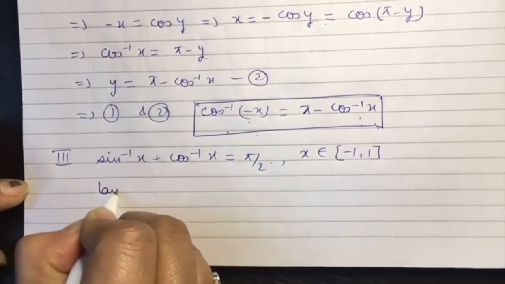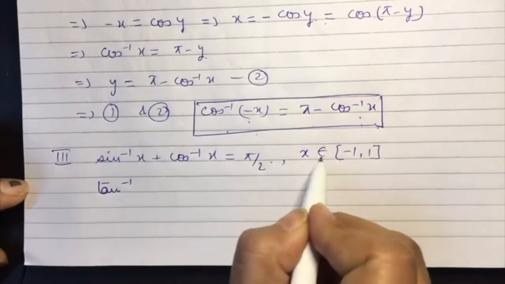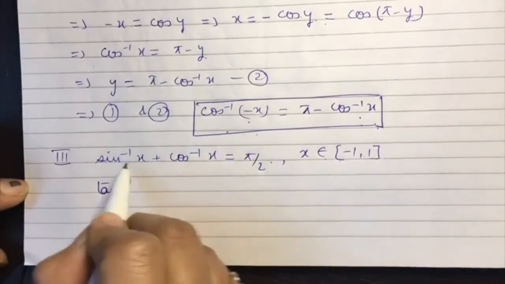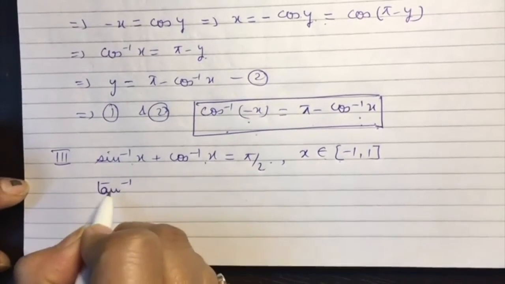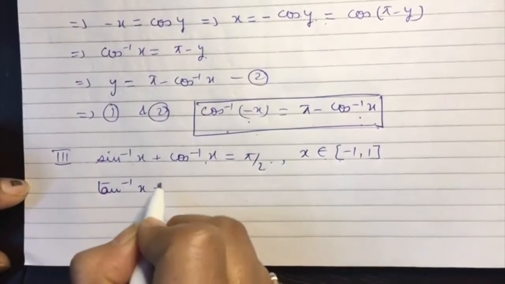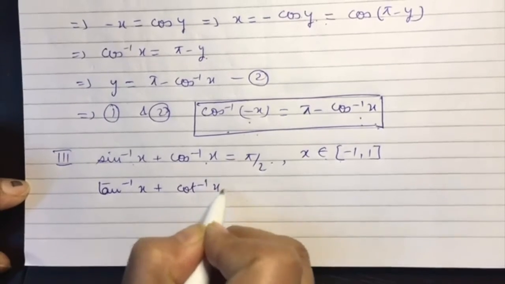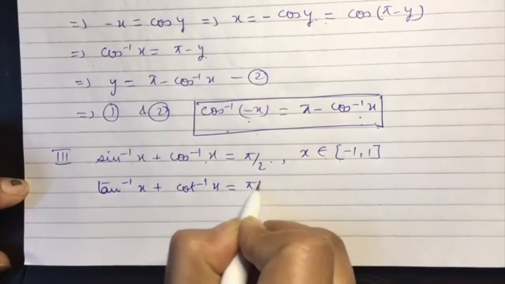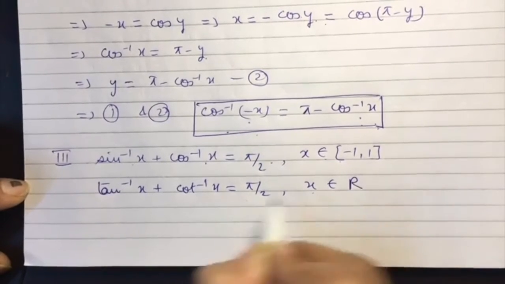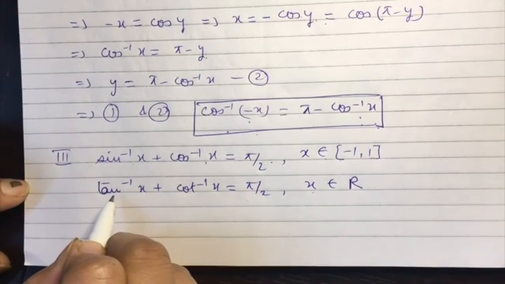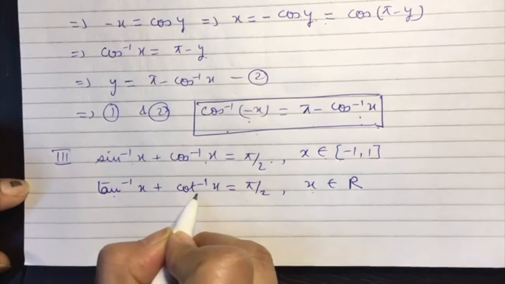Next is, now here, since this is the domain for both sine inverse and cos inverse, the next result is tan inverse x plus cot inverse x is equal to pi by 2. For this, x should belong to R, which happens to be the domain of tan inverse x and cot inverse x.